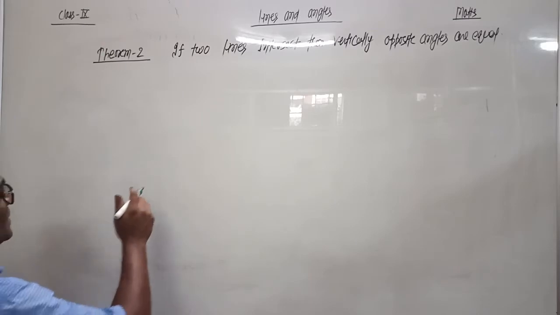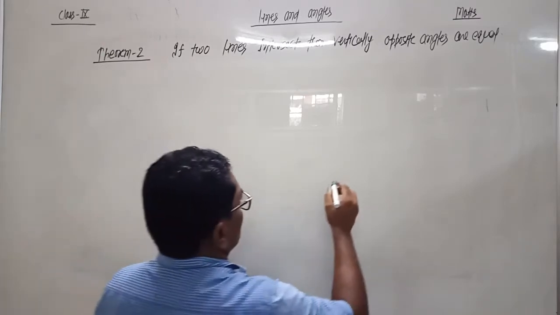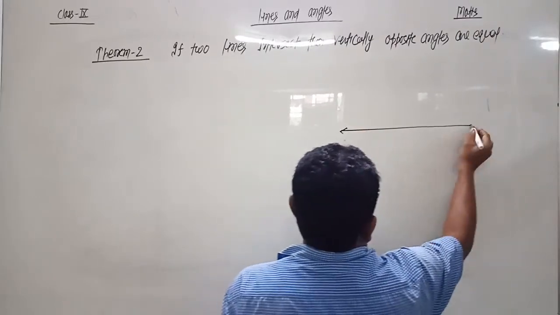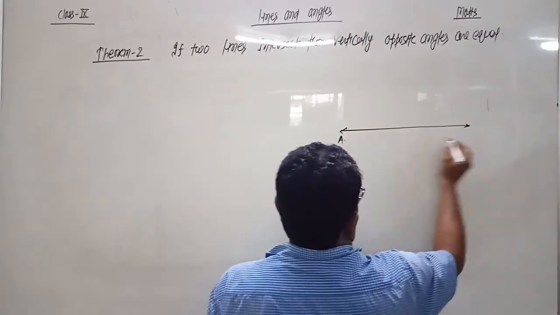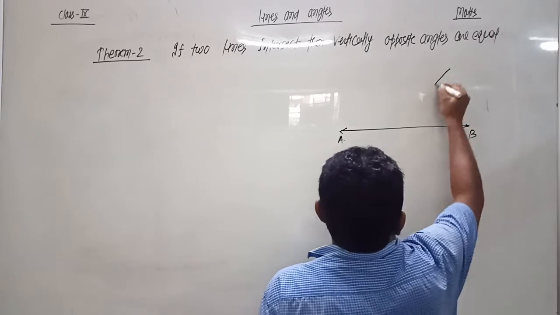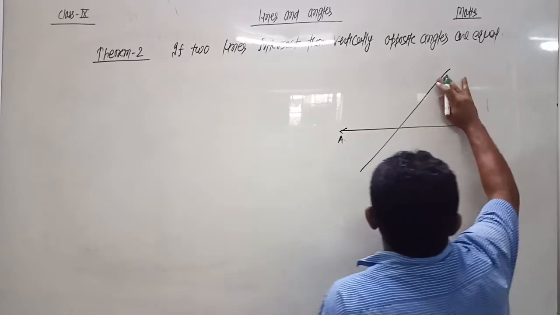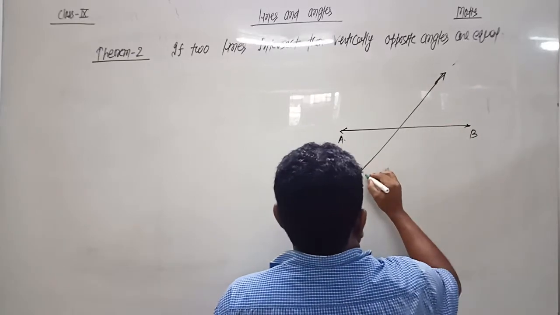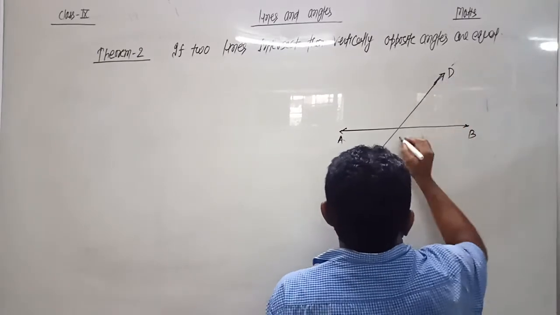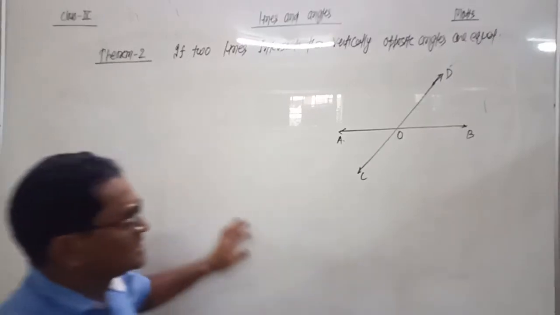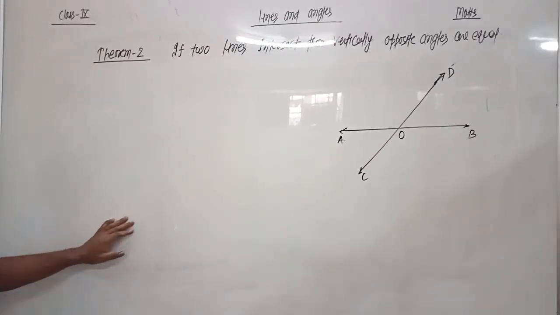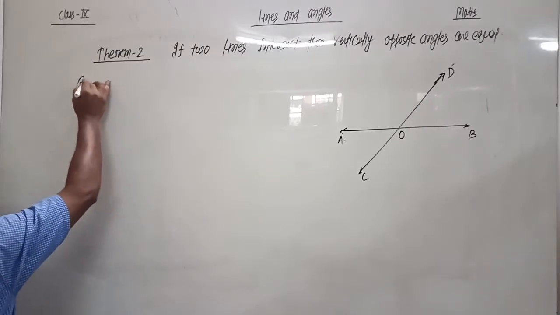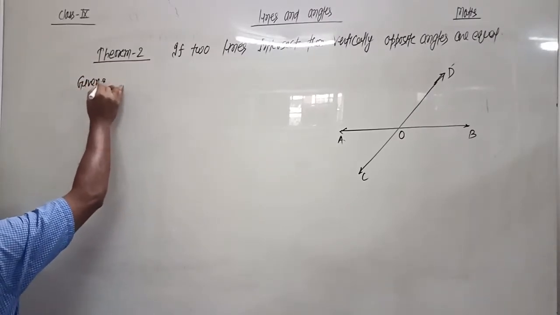Suppose there are two lines AB and CD that intersect at point O. Firstly we write the given condition.